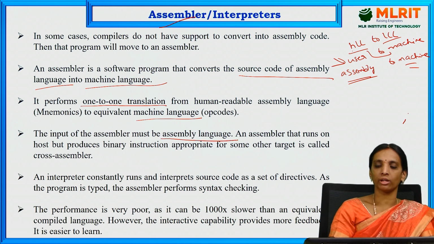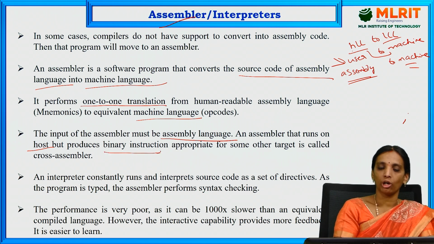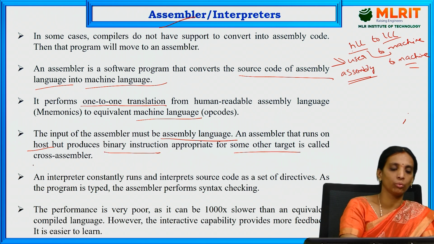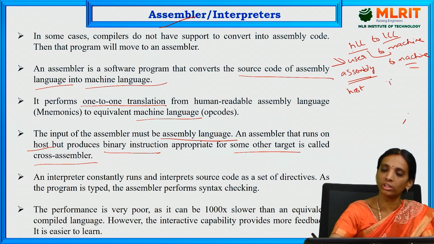An assembler that runs on the host machine and produces binary instructions appropriate for some other target is known as a cross assembler. As we have discussed, there is a host machine and a target machine.